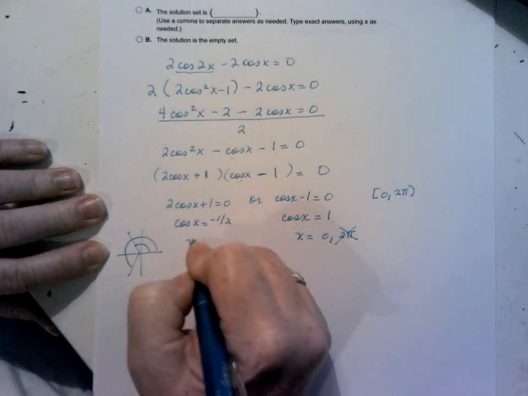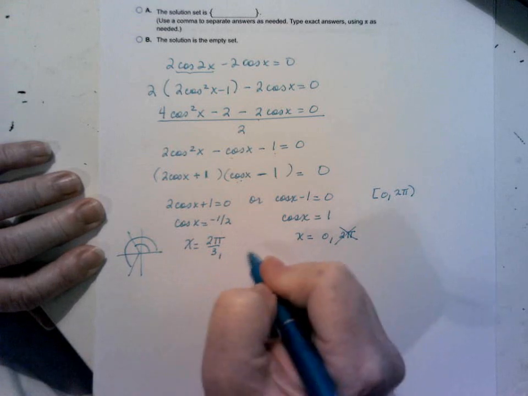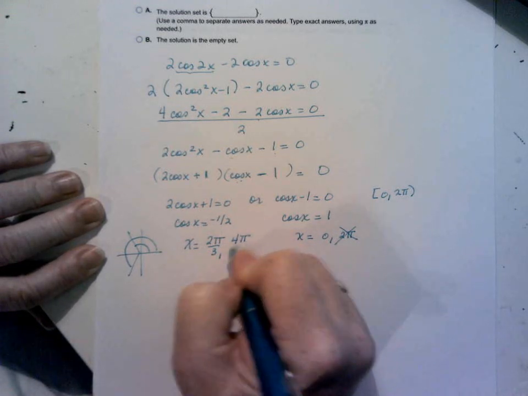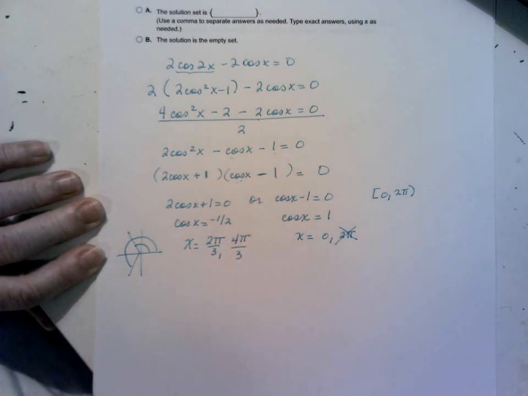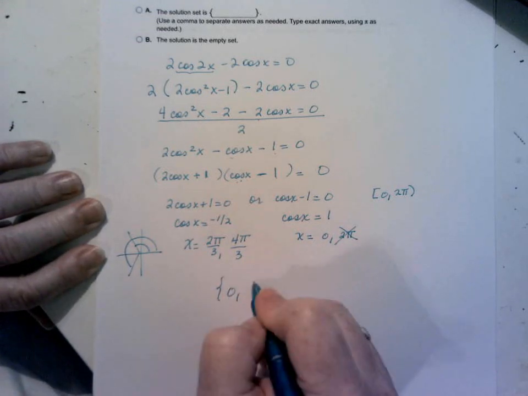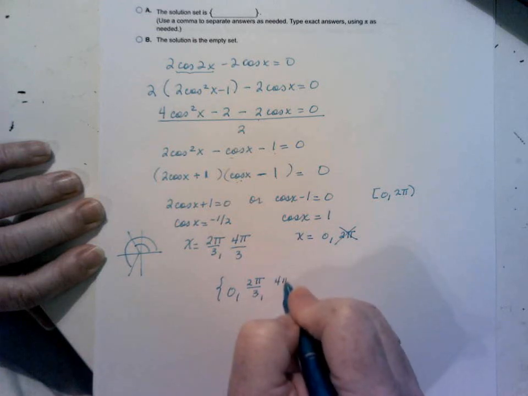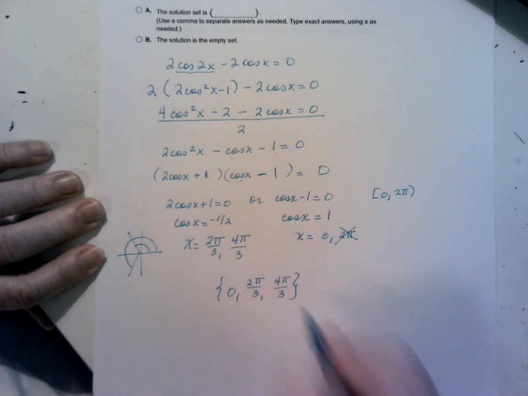So those would be x is either 2 pi over 3 or 4 pi over 3. So our solutions would be the angles 0, 2 pi over 3, and 4 pi over 3.